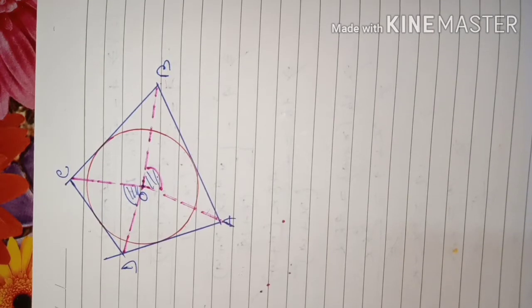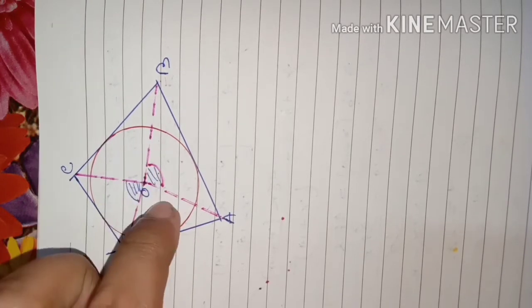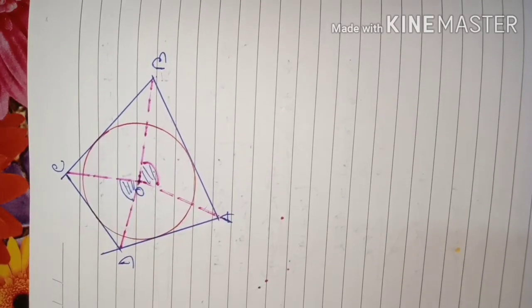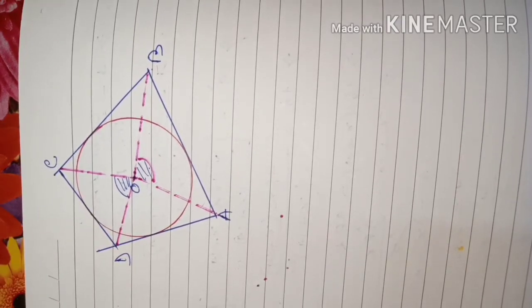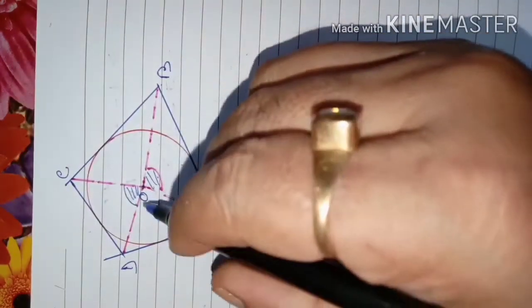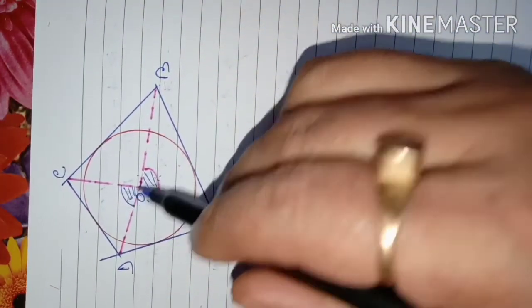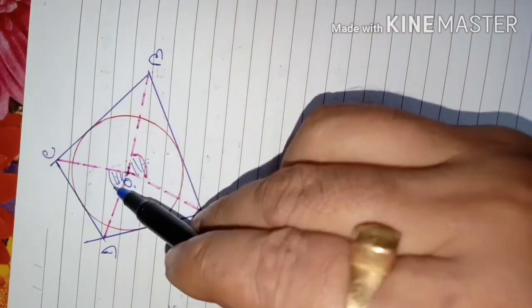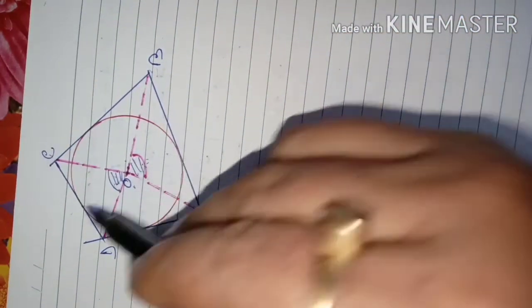We have to show their sum is 180 degree. Once you prove these two angles sum as 180 degree, then directly you can say this angle plus this angle is 180 degree. So it is enough to show that these two are supplementary. So this is the whole thing. These two angles are said to be subtended by AB and DC, opposite sides of the quadrilateral.